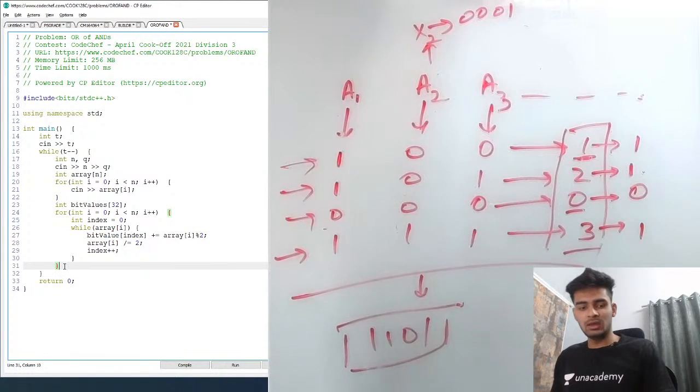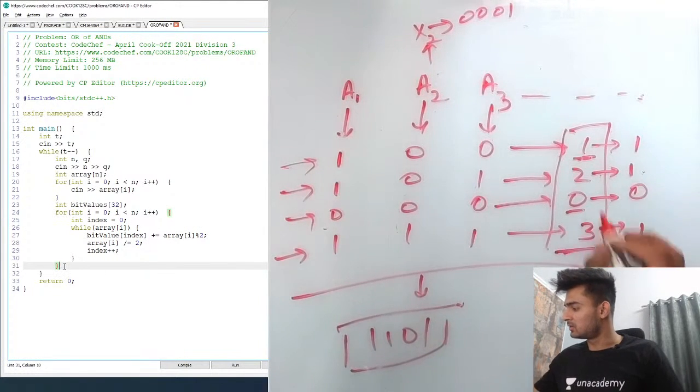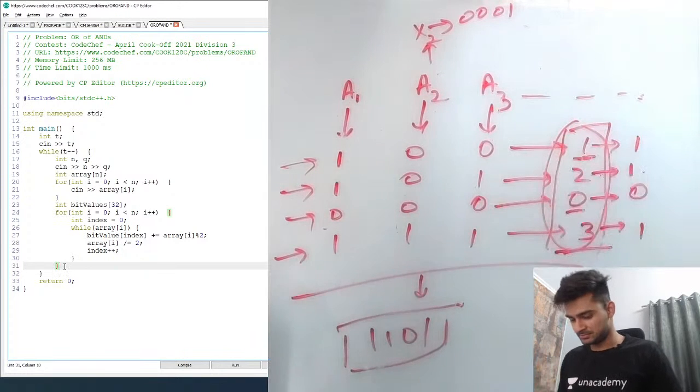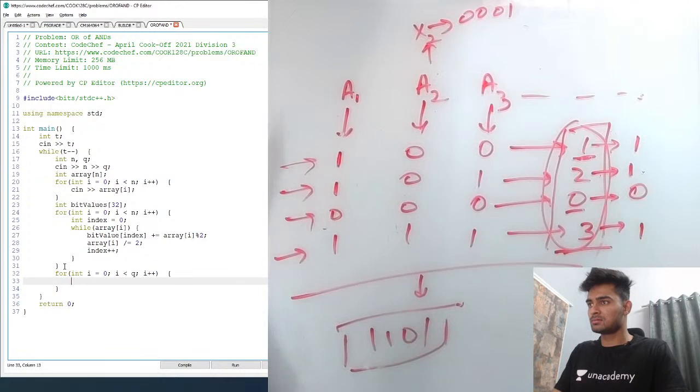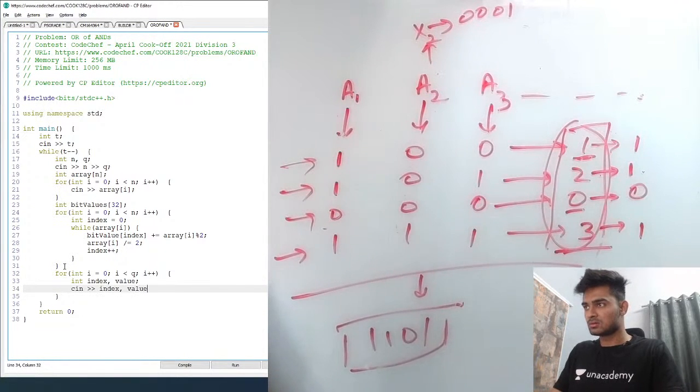So now we actually have the summation of every value, this part. Now we have Q queries, so we'll just go for every query. This is going to be 0, this is going to be Q, and this is going to be i plus plus. Now we'll have two things, index and value. We'll scan these two things.